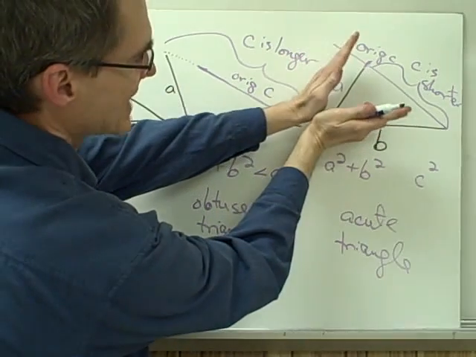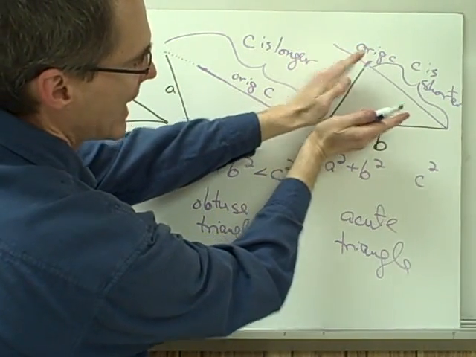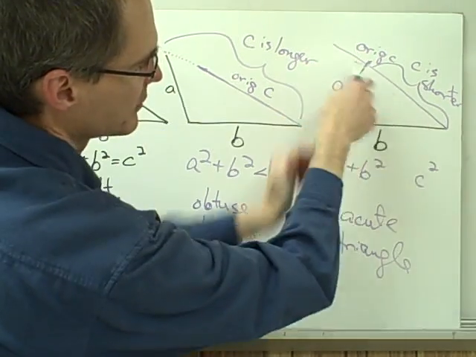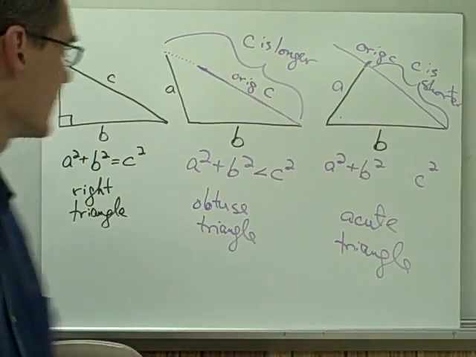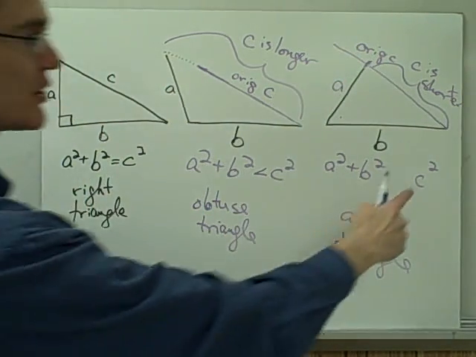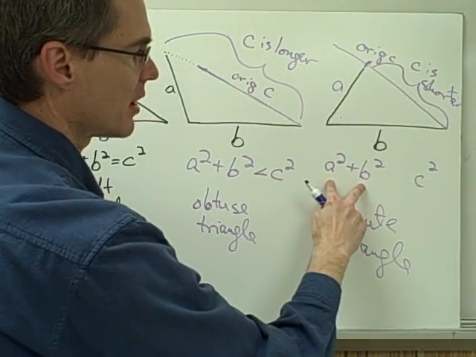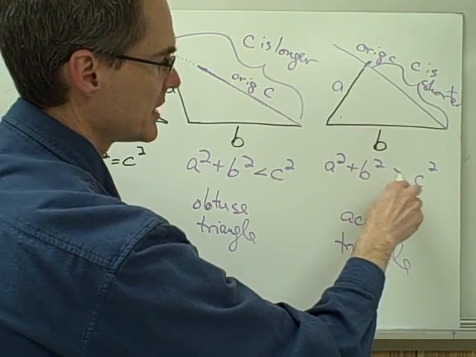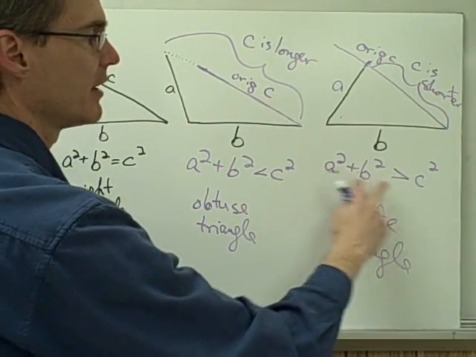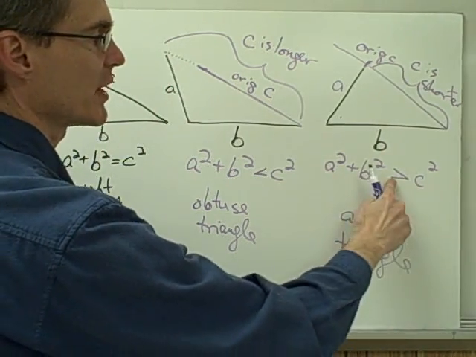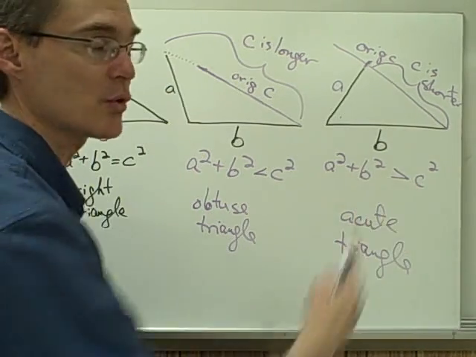In other words, if I make this angle smaller, I make this into an acute angle, my side c is going to have to be smaller than it was when I had my right triangle. So if c is smaller, then c squared is going to be smaller than a squared plus b squared, which means I'm going to have this relationship: a squared plus b squared is going to be greater than c squared.